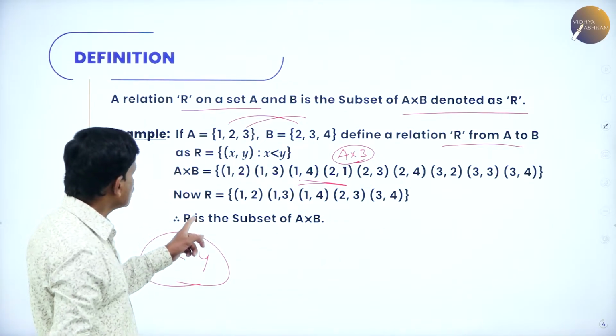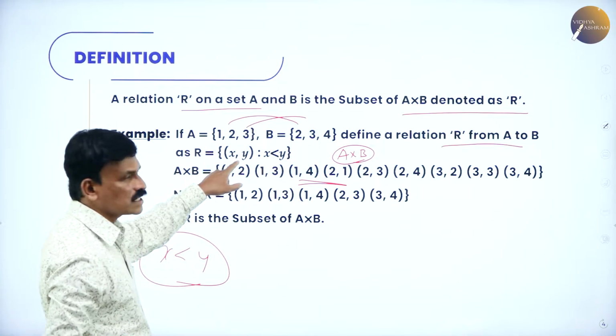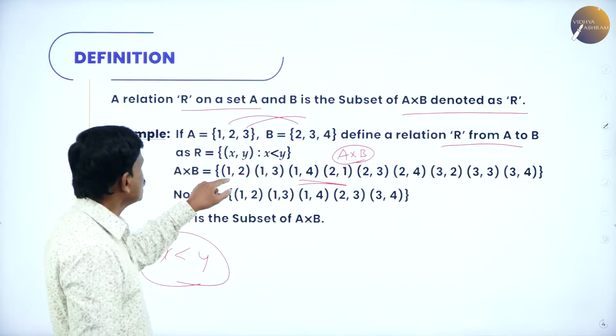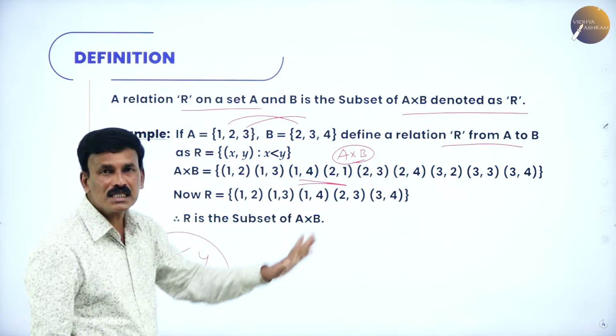Now, what is the relation given? The relation is defined as (x, y) such that x is less than y, the set of all ordered pairs in which the first element is less than the second element.